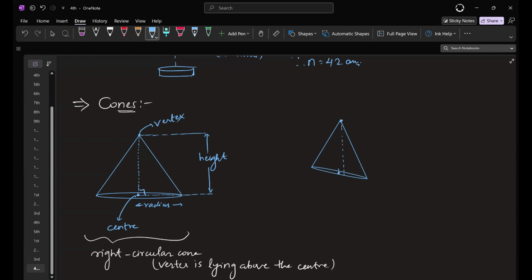Okay, they are not tallying with each other. So this angle right here, this angle with the radius is not equal to 90 degrees. Okay, so this is the radius.